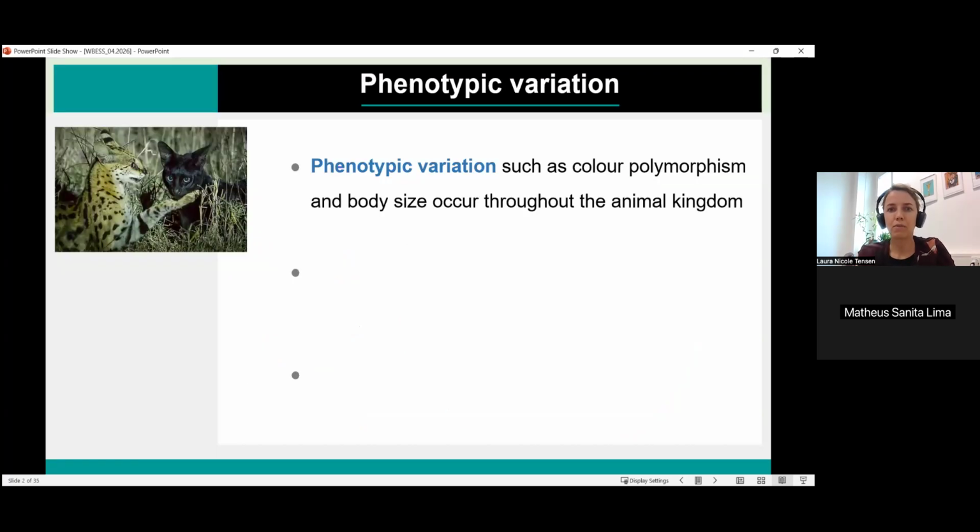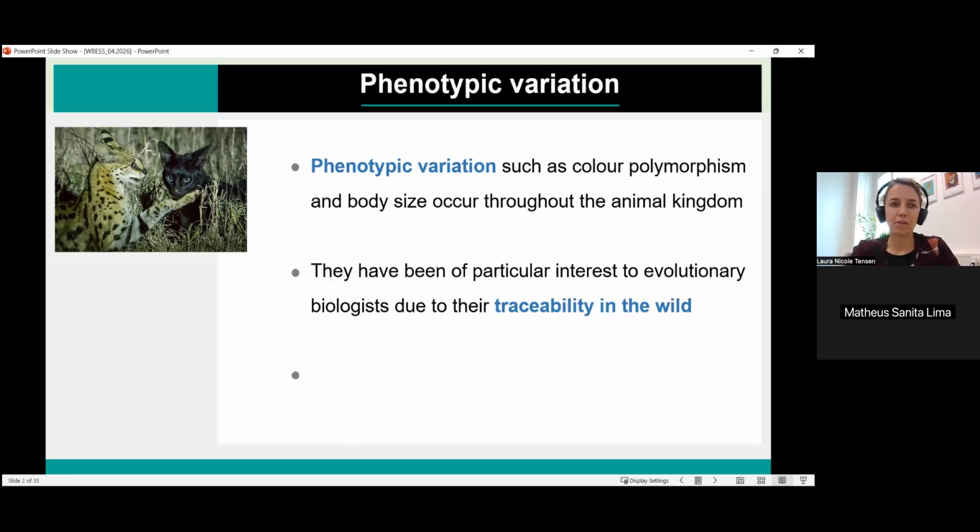So we know that phenotypic variation, whether it's color polymorphism or differences in body size, occurs throughout the animal kingdom, and typically you'll see variation occurring throughout a species range. These visible traits are of particular interest to evolutionary biologists because of their traceability in the wild, because they're visible to the naked eye.